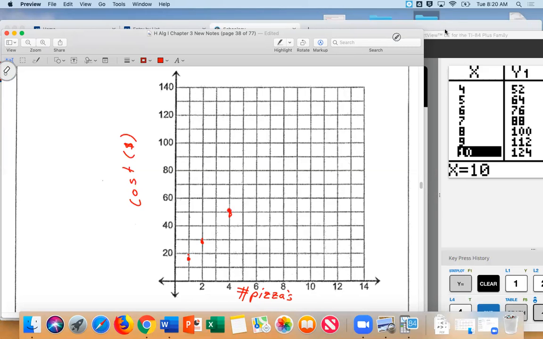Oh, this thing was doing so good. Any others, or am I good? 5 and 64. Do I need to keep plotting them? Okay. How many points make a line? 2.